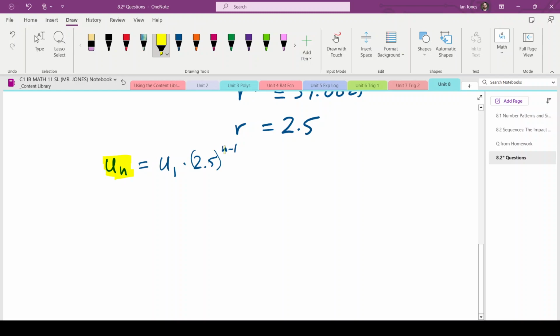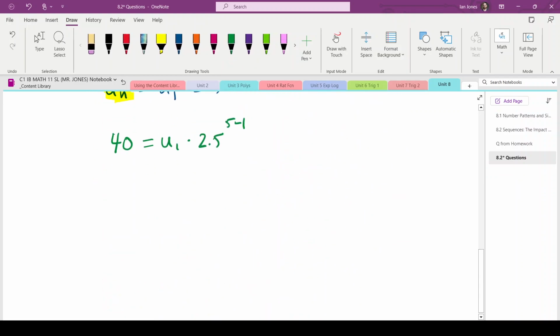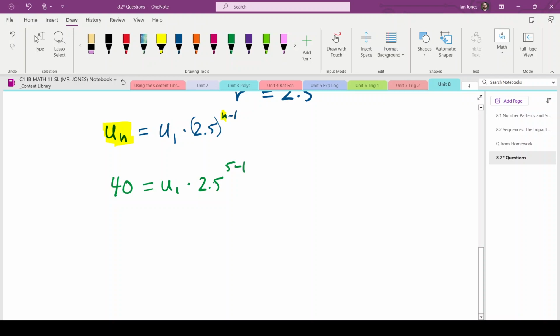So I get 40 equals u1 times 2.5 to the 5 minus 1, because it's term number 5. And now I have one equation, one unknown, and I'll be able to solve for u1.